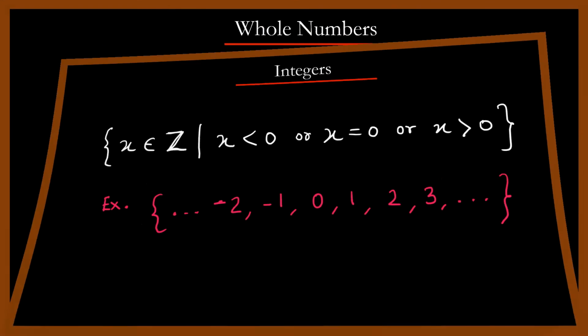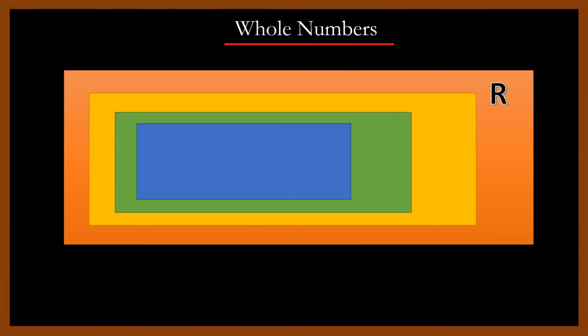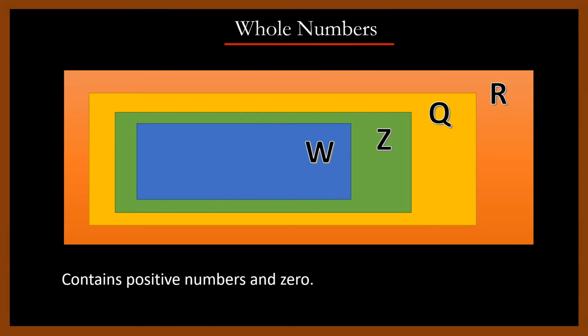The integers also have a subset called whole numbers. It is denoted by the letter W and includes all numbers that are greater than or equal to 0. It contains all positive numbers and 0, so there are no negative numbers.